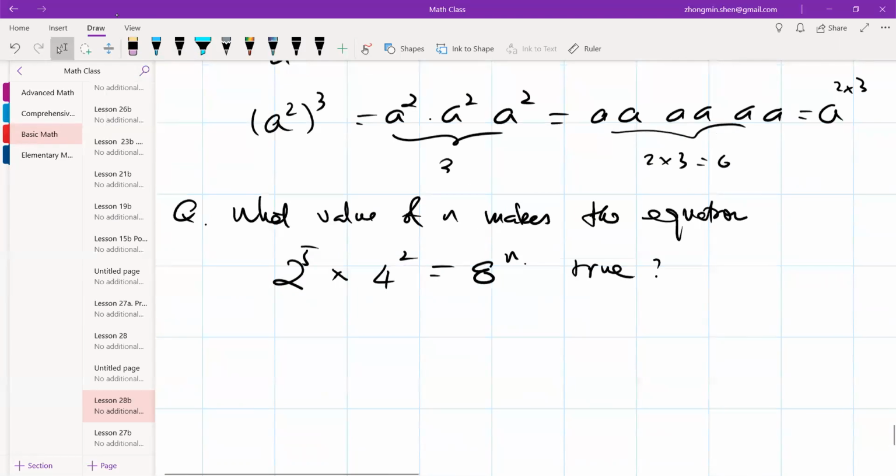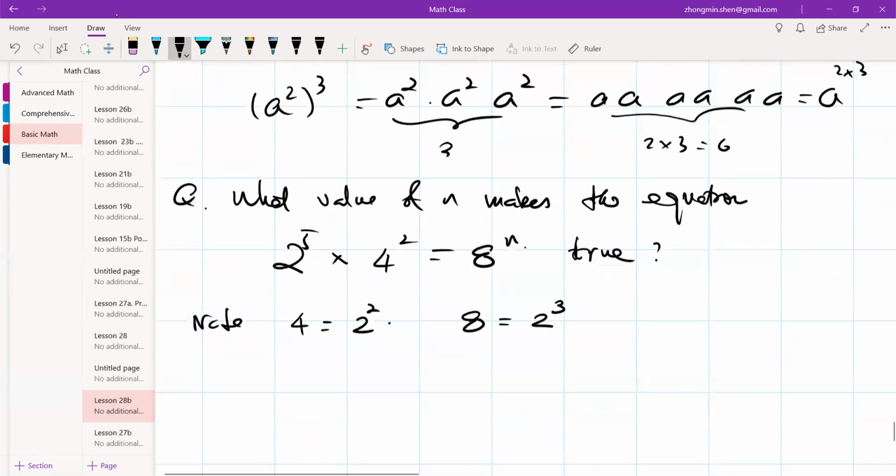Yeah, make it true, okay? So you want to compare both sides. This is a strange equation. So you have to make sure the bases are the same, okay? 4 is going to be 2 squared. 8 is going to be 2 cubed. Okay, we know that, okay?